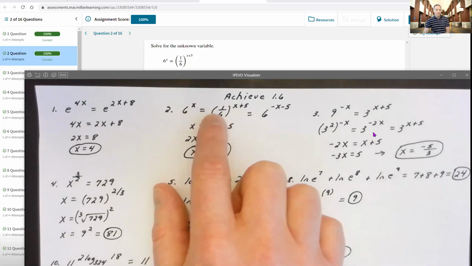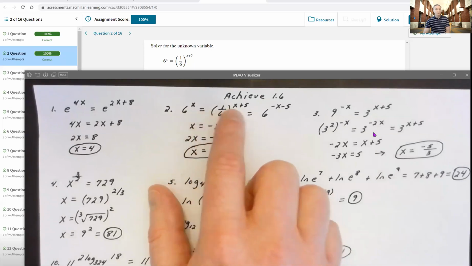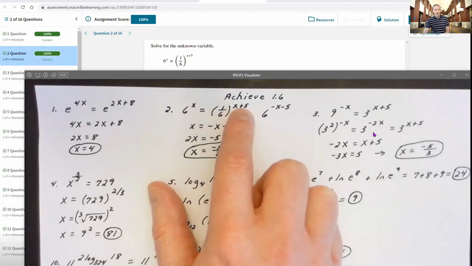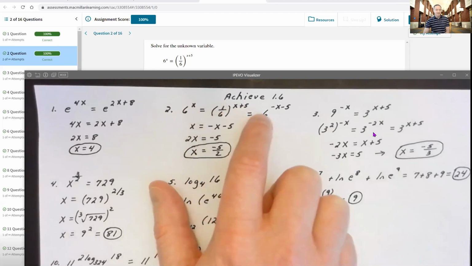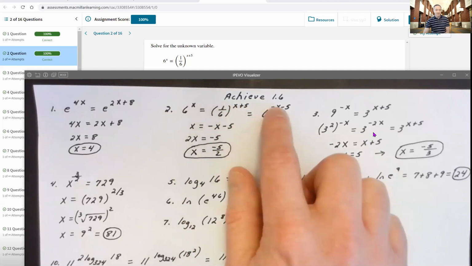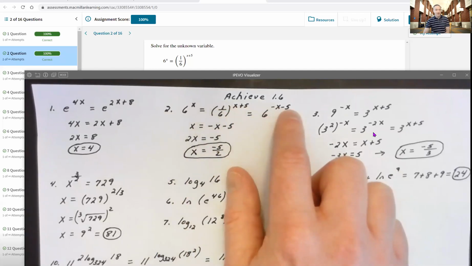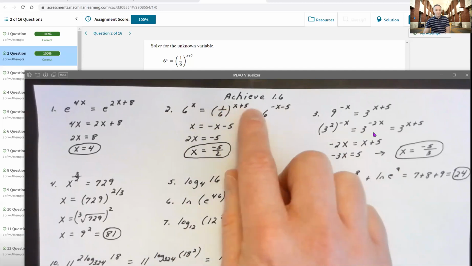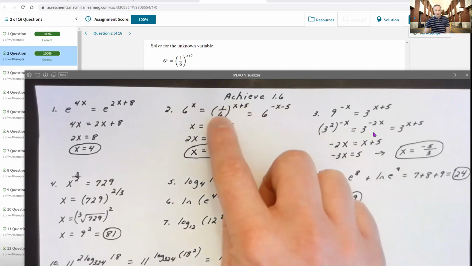And if I have 6 raised to the negative 1 power raised to the x plus 5 power, the power to a power rule says simply multiply those exponents. So that gave me 6 to the negative 1 times the group x plus 5. That's where this 6 to the negative x minus 5 came from. I just multiplied a negative 1 through there since this was to the negative 1 power.